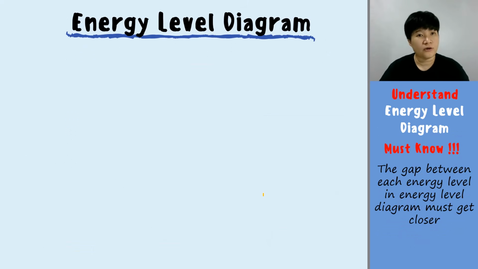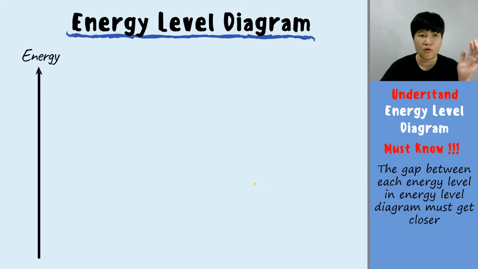So how do we draw the energy level diagram? We always start with the axis of y. The axis of y is actually the energy, representing your energy level, shell or orbit. So it's your n1, n2, n3, n4, and n5.